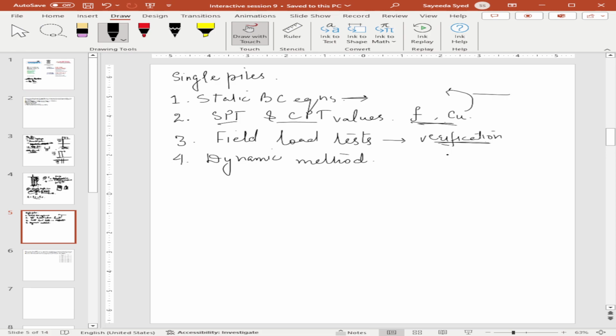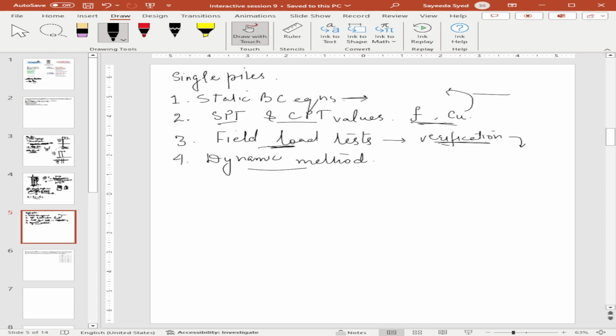Okay, so you must have studied that before driving a pile in the field, we do a test, pile test. This is the test that we do in the laboratory. And then the dynamic method. Dynamic method is at the start of the pile driving exercise.